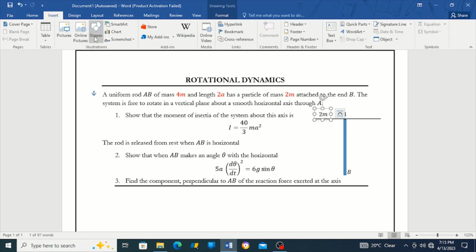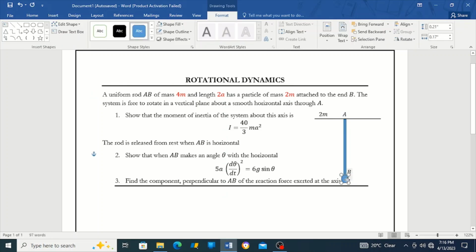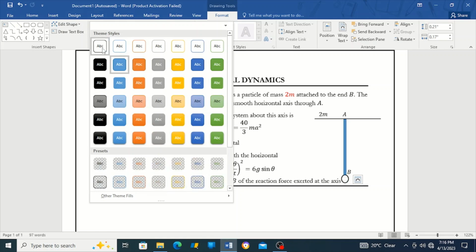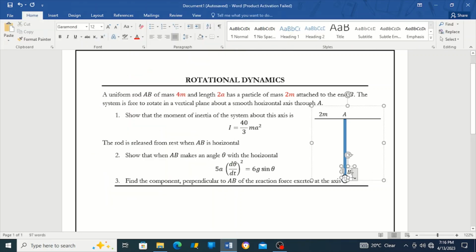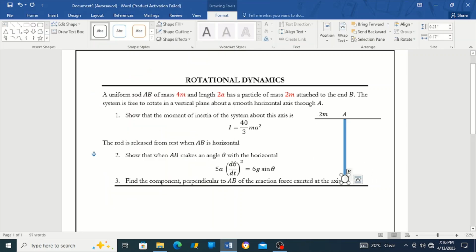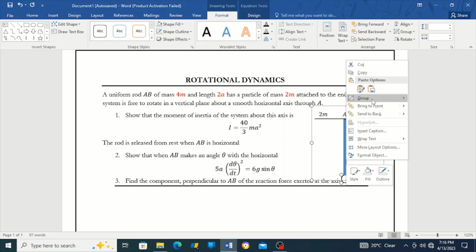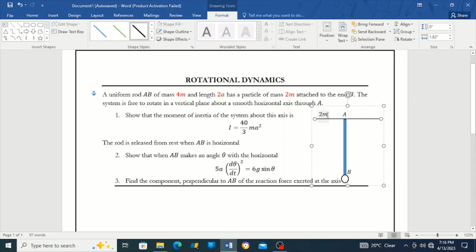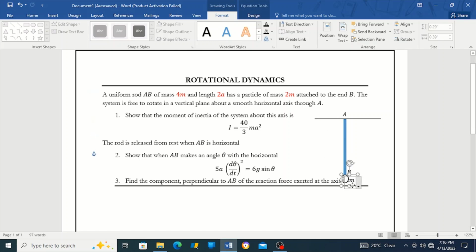Let's just indicate a particle, and say that here is a mass of 2m. Alright, so this is what we have.